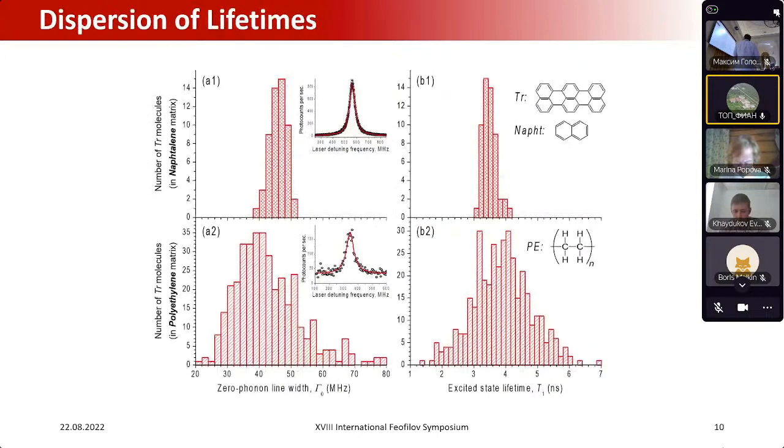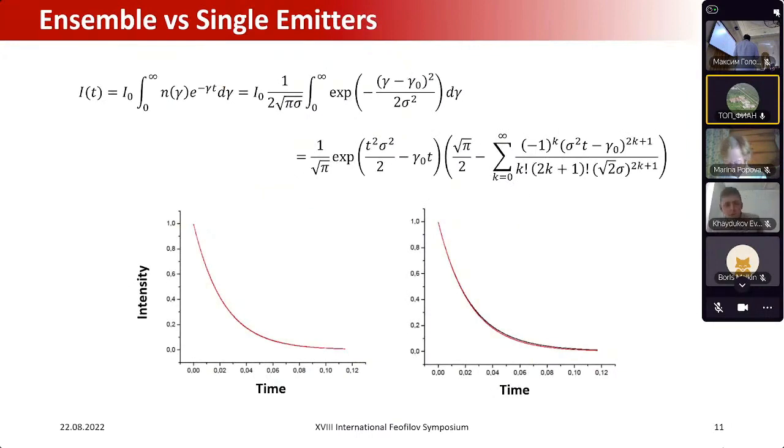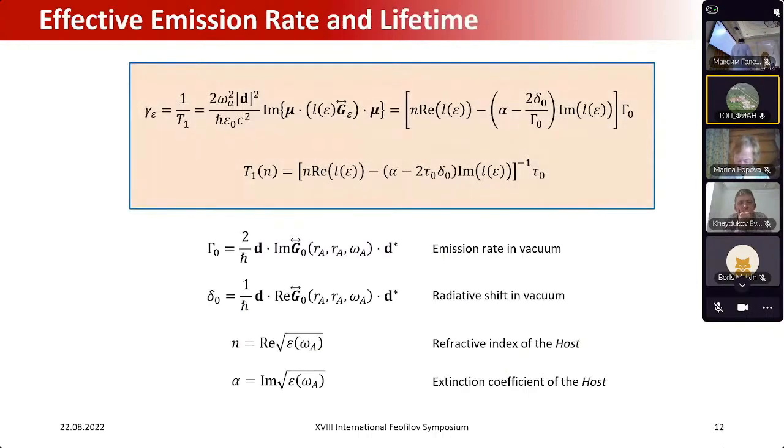But if we approximate this with a normal distribution and take the sigma as the width, then the simple integral says that, indeed, with the dispersion of the lifetimes for the ensembles within homogeneous broadening, we would expect some tricky power law decay. But for the sigma values that were registered in such experiments, the visual difference from the exponential law is minimal. So it is only the single emitter experiments that can register the difference.